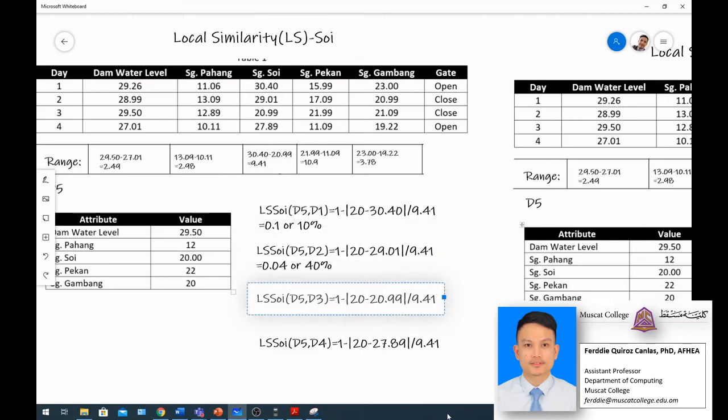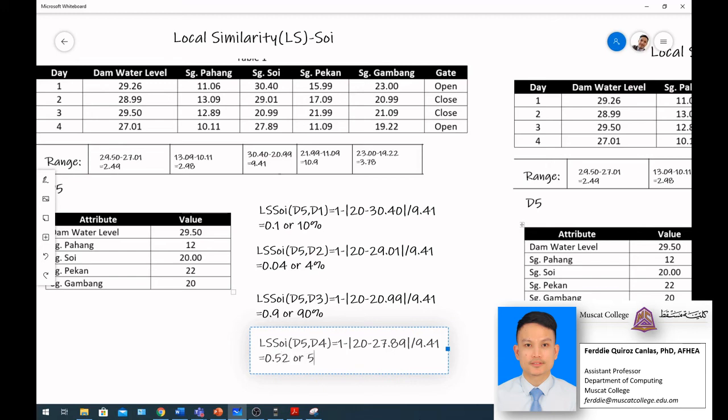How about this? 0.9, or 90%. This one is 0.04 or 0.4? The D2. 0.04. So this is 0.04%. How about this? 0.52, or 52%.